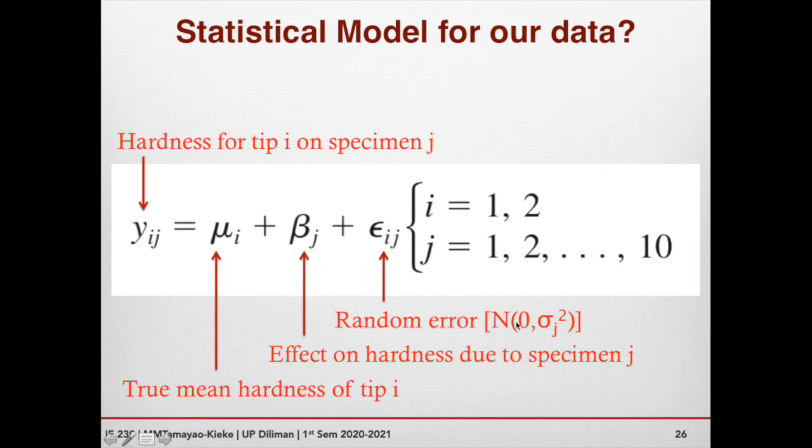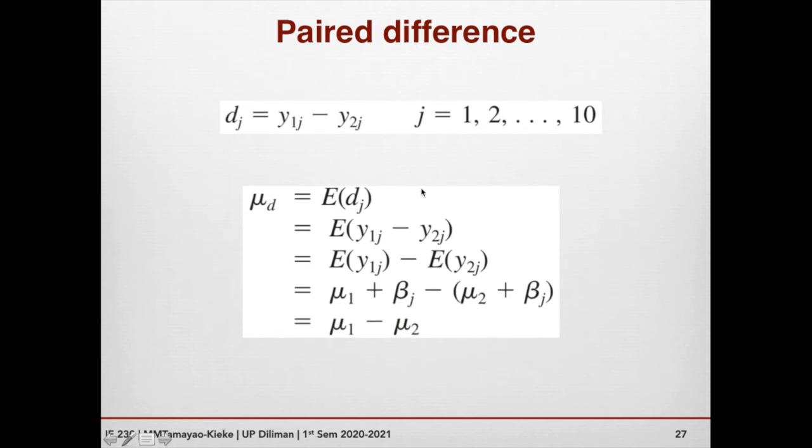And of course, again, we assume that our random error is normally distributed with mean 0 and variance sigma squared. And we have i equals 1 to 2, j equals 1 to 10 for our example.